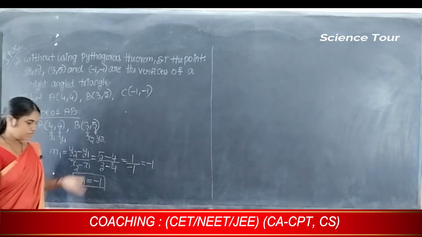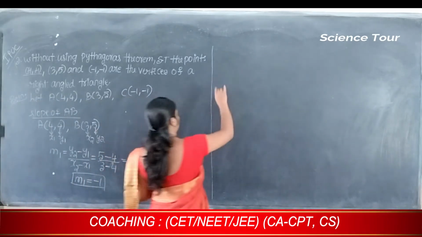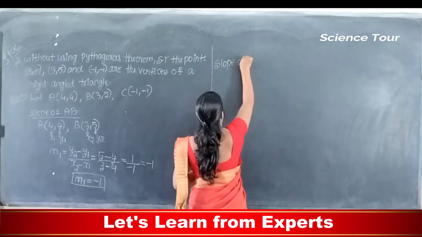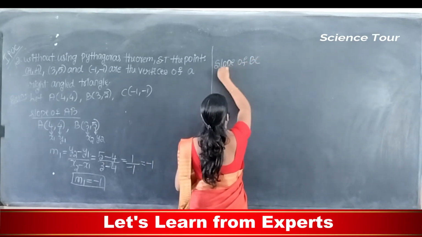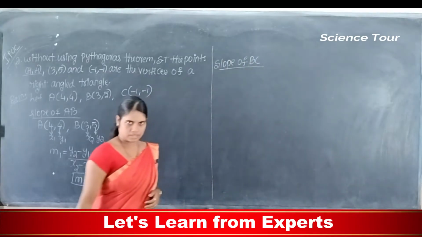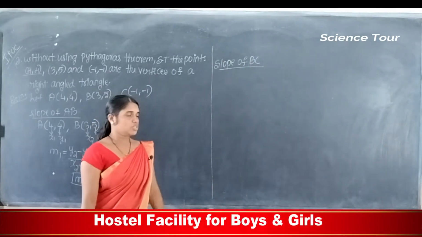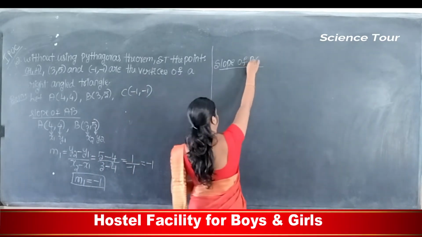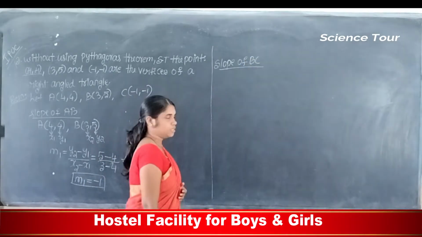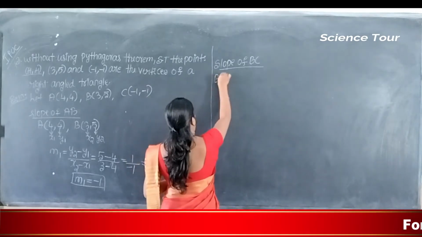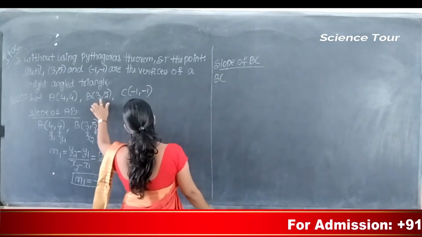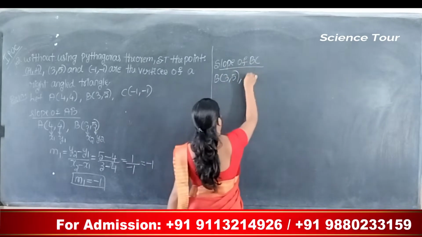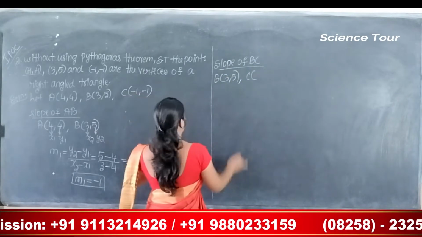Now in the second step, I'll calculate the slope of BC. Which 2 points do I have to consider? Point B and point C, isn't it? What is the coordinate of point B? Point B is (3, 5). What is the coordinate of point C?